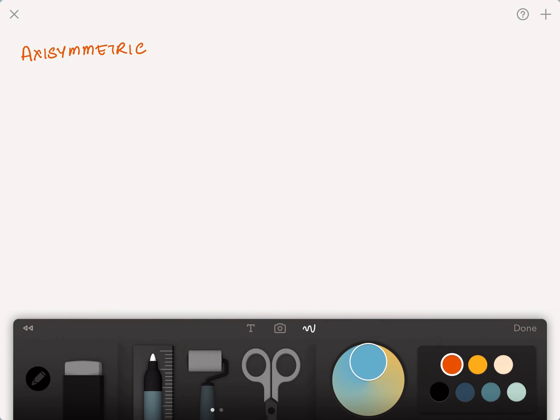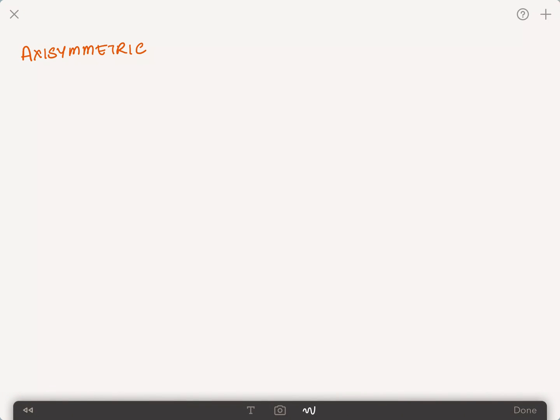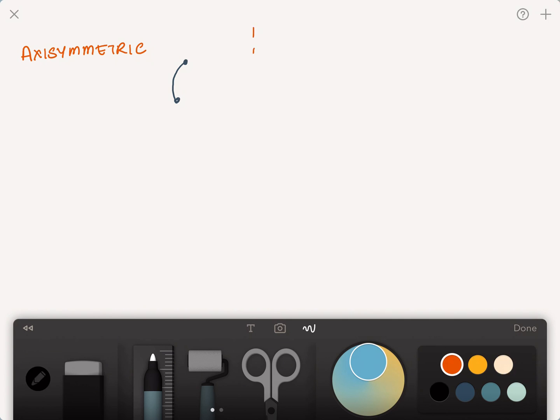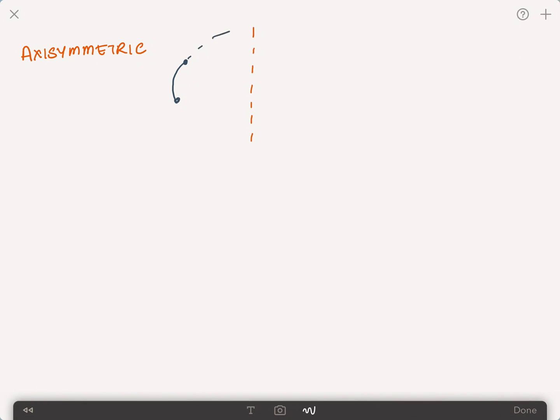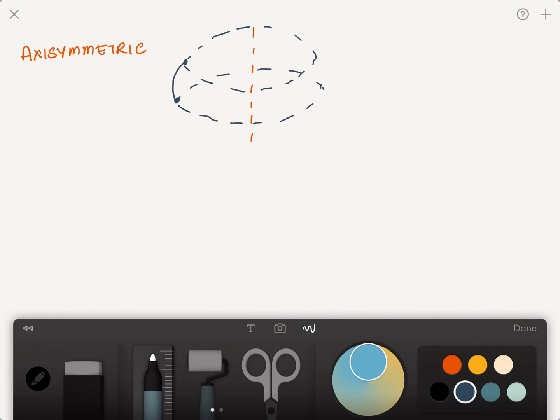So we know that if I have a certain wire structure which looks like this and it is axisymmetric, and there is the axis of axisymmetry, then this structure can actually be rotated about this axis to form a structure that sort of looks like this, right?